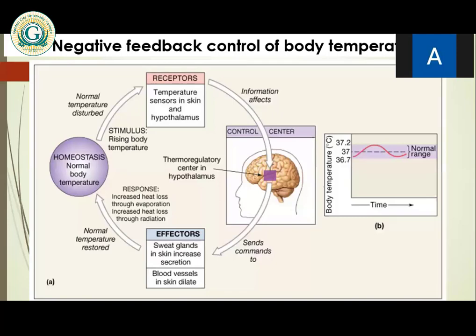So to prevent a sharp shift, and also to maintain the normal temperature rather than moving it down to a very low temperature.